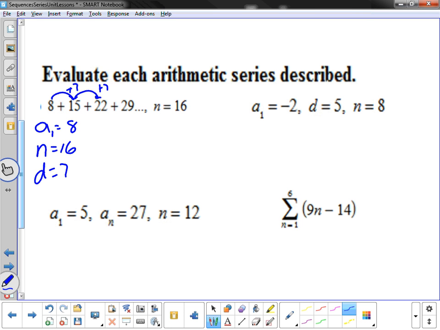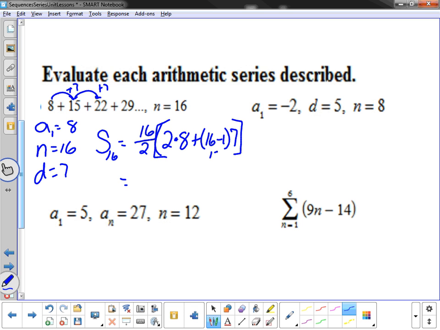So I'm going to use that second formula, which says the sum of the 16 terms is going to be 16 divided by 2 times the bracket 2 times the first term, 8, plus 16 minus 1 times my common difference of 7, close bracket.